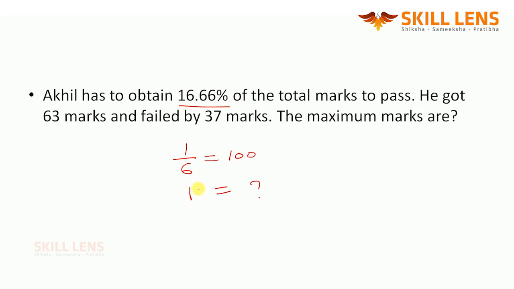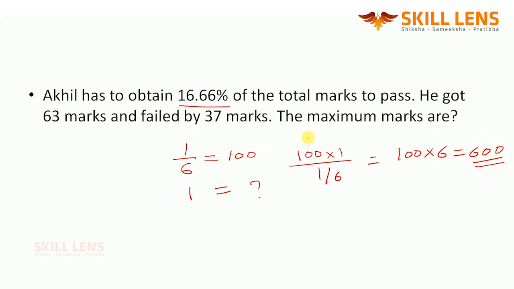Okay, then 1 value is what? If you do cross multiplication, you can get your answer. So that is nothing but 100 into 1 divided by 1 by 6. So that is nothing but 100 into 6. That is nothing but 600. 600 is the total marks, okay, maximum marks.